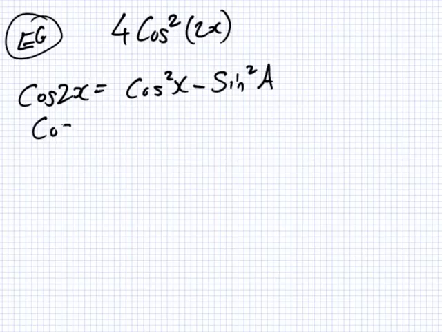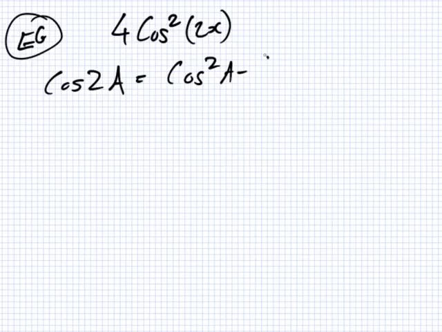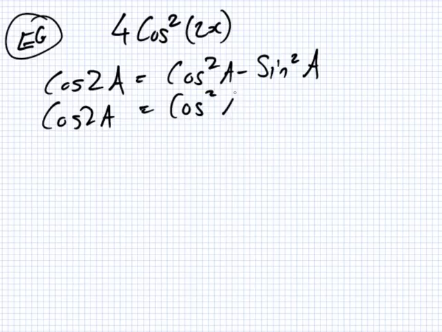Well, I don't want to use x because I'm using it already, so I'll stick to a. Cos 2a equals cos squared a minus sin squared a. What does sin squared equal if I wanted to change it? 1 minus cos squared a.